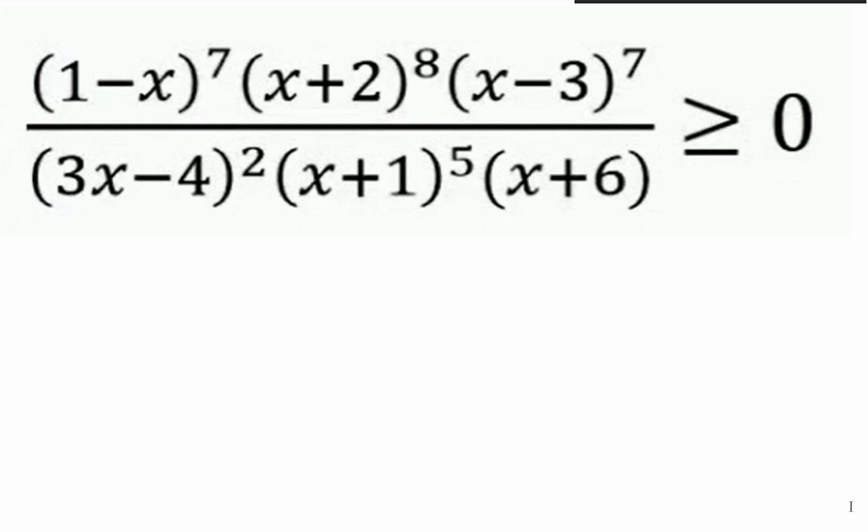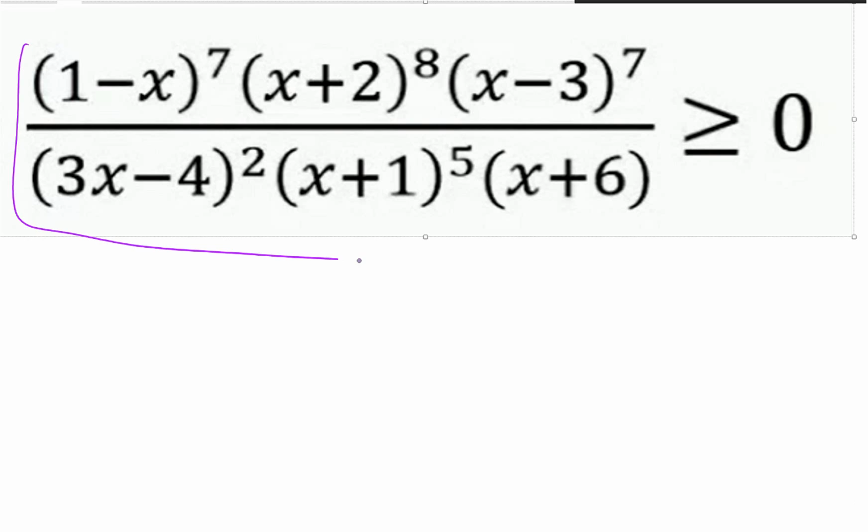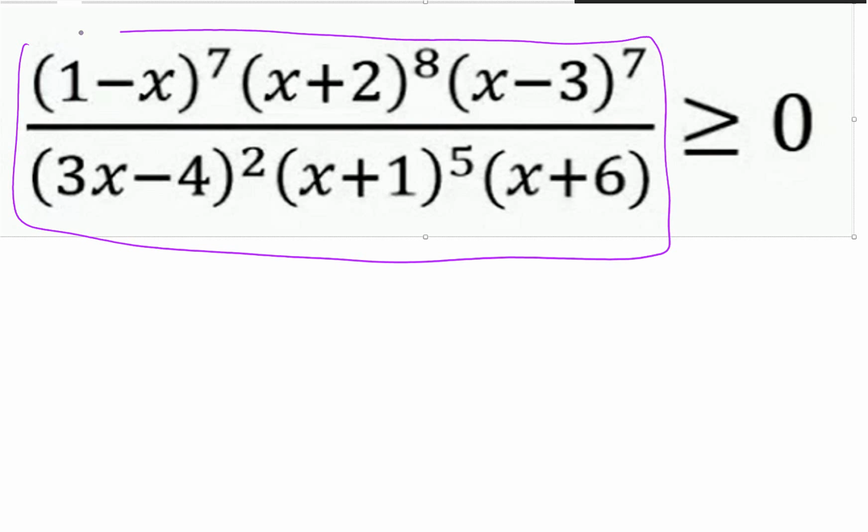Find the set of solutions of this rational inequality. You want to find all the x such that this expression is greater than or equal to 0.